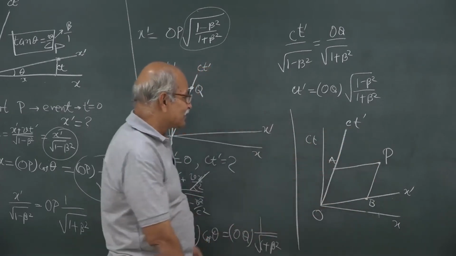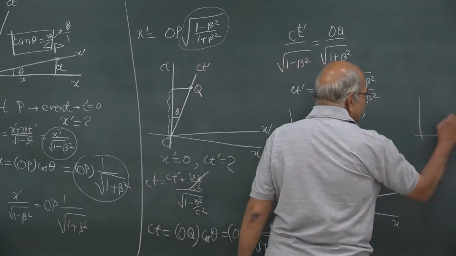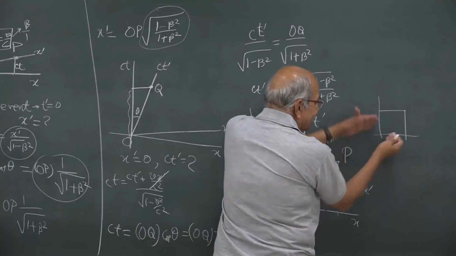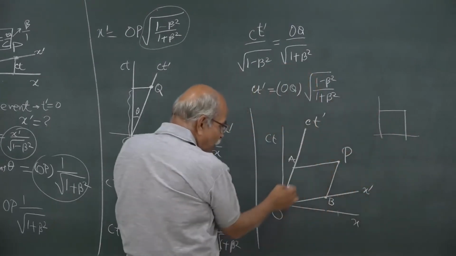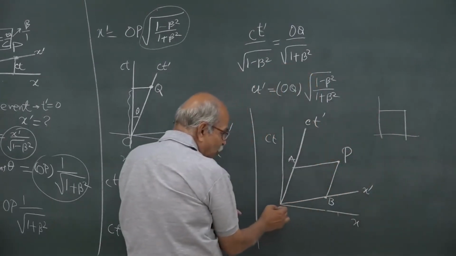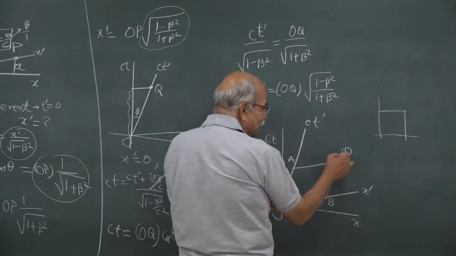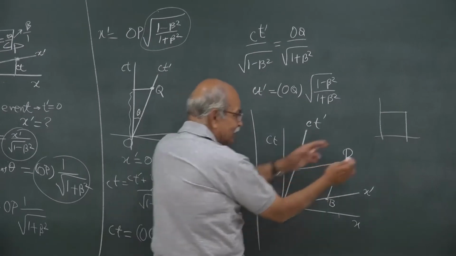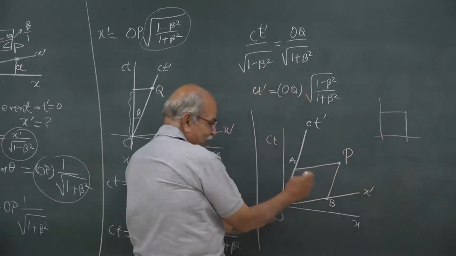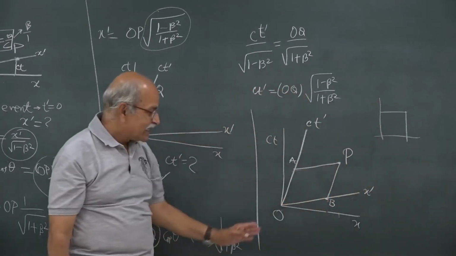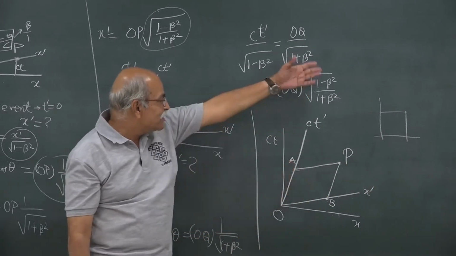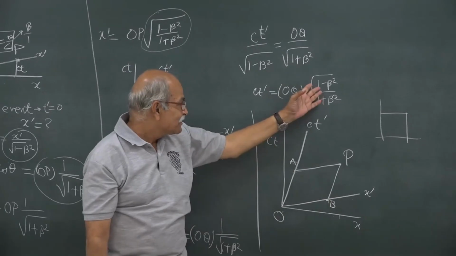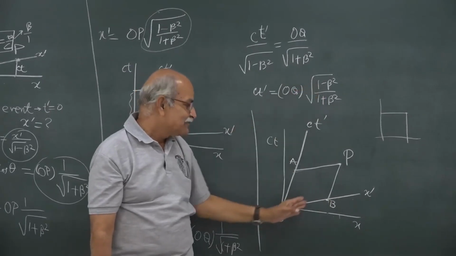Just like in our rectangular coordinates, we draw lines parallel to the axis and then say that this is x and this is CT. Here there are oblique axes, and therefore you draw lines which are parallel to the two axes and see the intercepts. Here also you see the intercepts, and then this length multiplied by the factor gives you CT prime, and this length multiplied by the same factor gives you x prime.